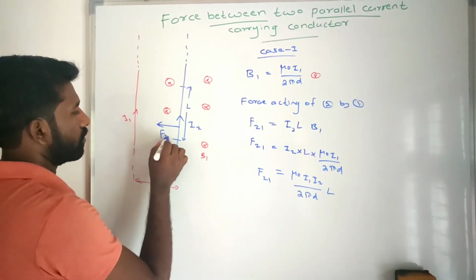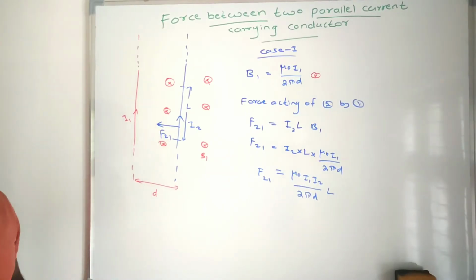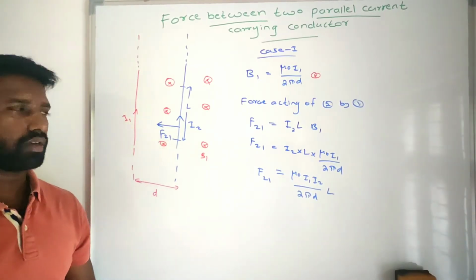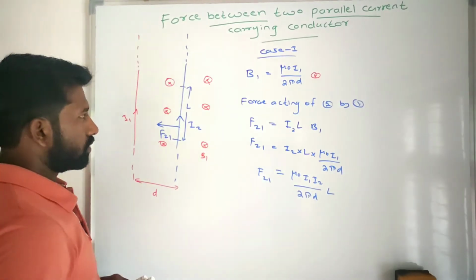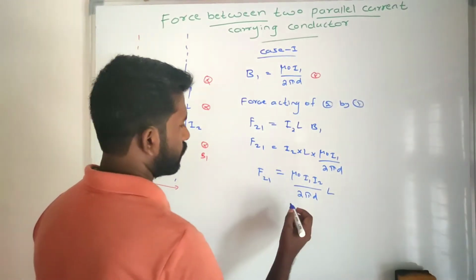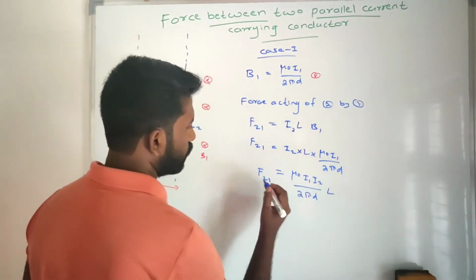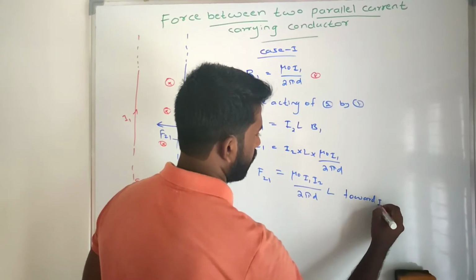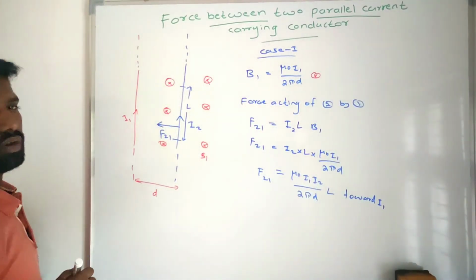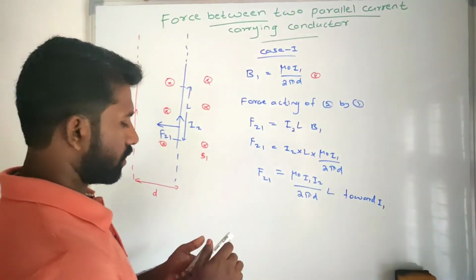This is the force acting on the second conductor. Okay, clear? So this force is attractive, towards I1.